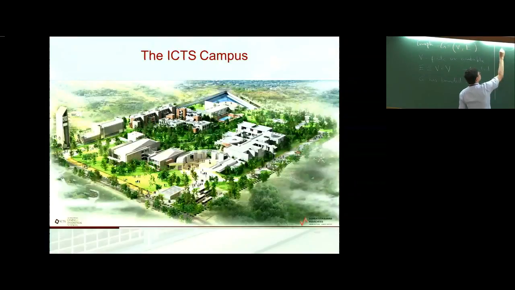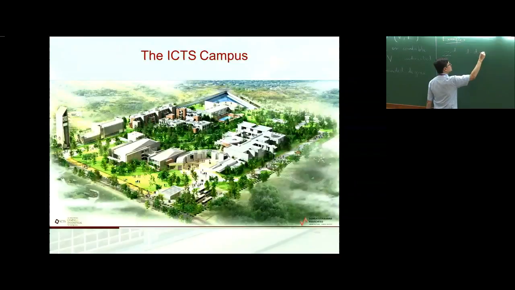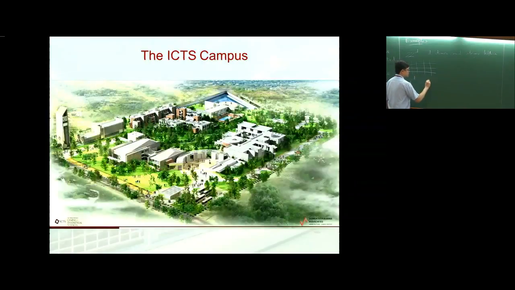So some examples. Particular things we are going to look at are the integer lattice in d dimensions, so that's Z2, and T_d, which are d-regular infinite trees.